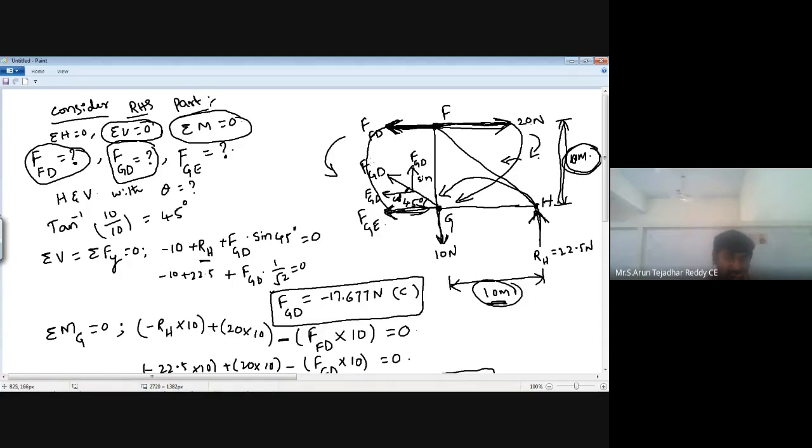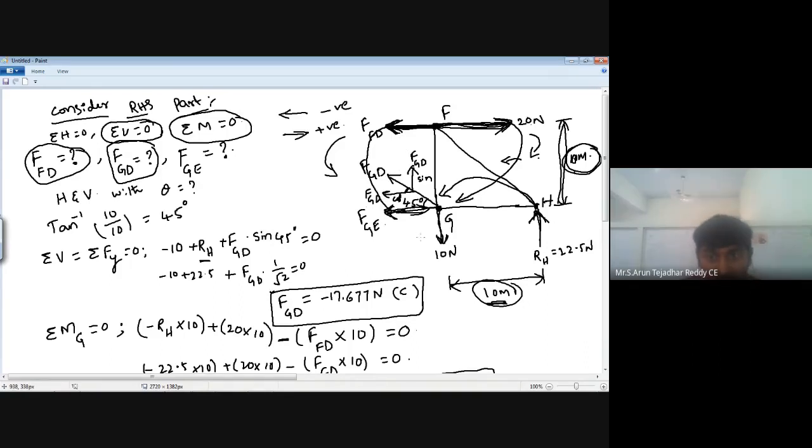And check the directions. If your direction is left side, it's negative. If your direction is right side, take it as positive. Here only 20 Newton is in the right side direction. So take 20 Newton as positive, and all the remaining are left side direction, so take negative.